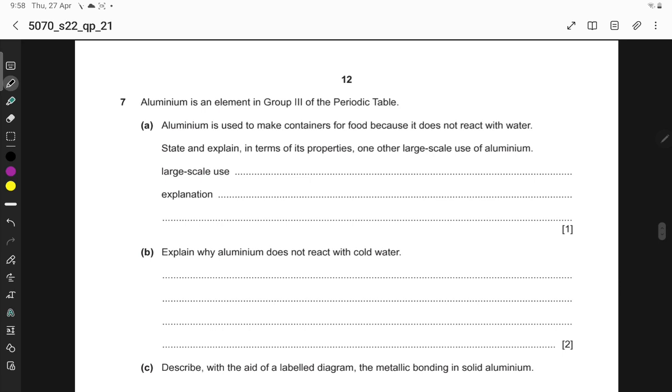Aluminium is an element in group 3 of the periodic table. Aluminium is used to make containers for food because it does not react with water. State and explain in terms of its properties one large scale use of aluminium.